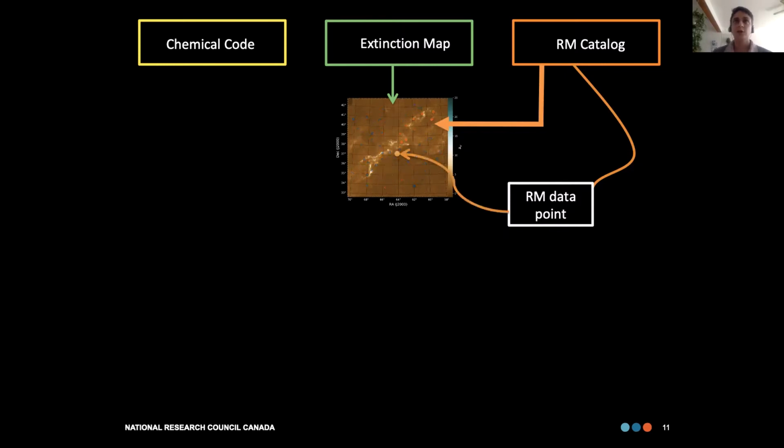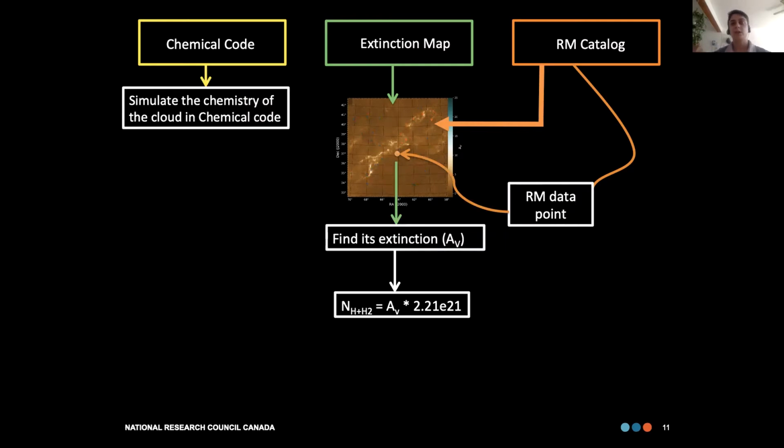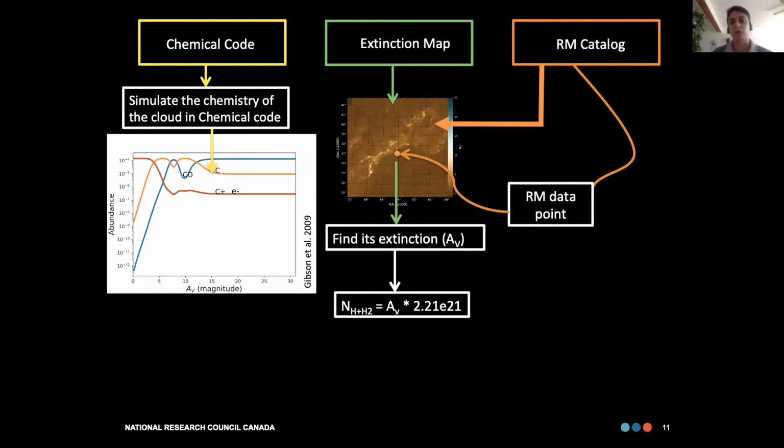First we find the location of the data point on the map. As a result, we have the extinction for that very point. Then using a conversion factor, we find the hydrogen column density in that region. At the same time, we simulate the chemistry of our cloud using our chemical evolution code. For different clouds, it's different based on the UV radiation, cosmic ionization, temperature, and the density of the cloud.